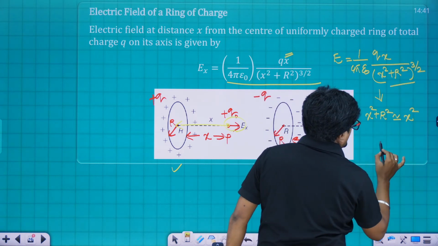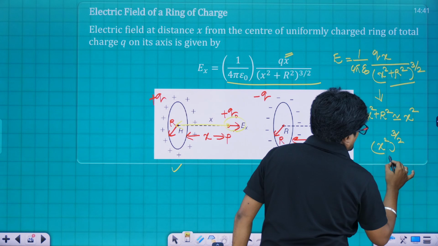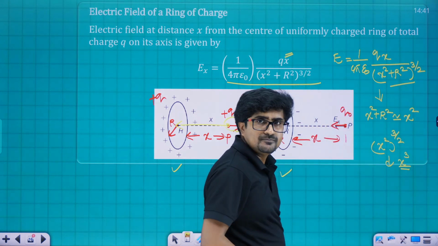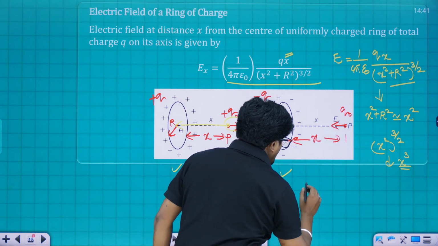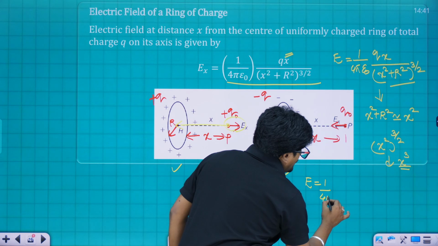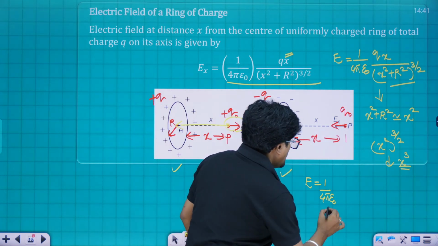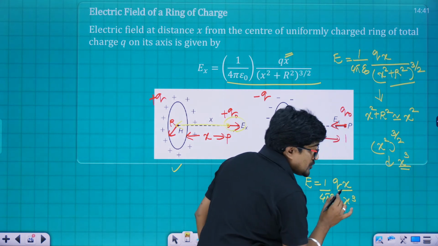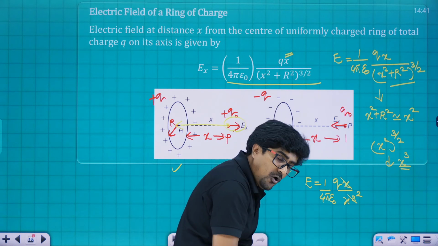Now this is going to be x square raised to 3 by 2, which will leave x cube only in the denominator. Then this particular equation is going to be E equal to 1 divided by 4 pi epsilon naught, q into x divided by x cube. This will cancel, leaving x square in the denominator.